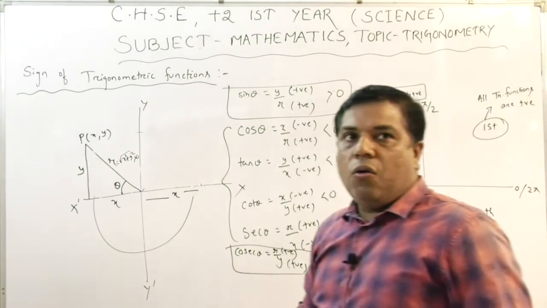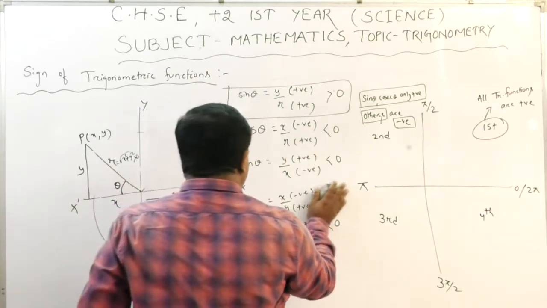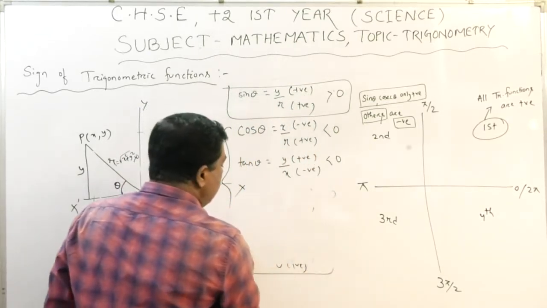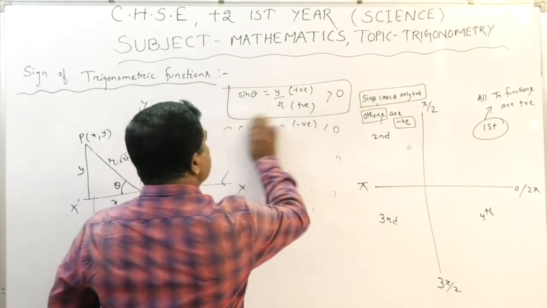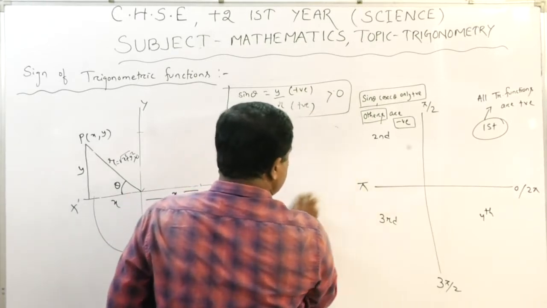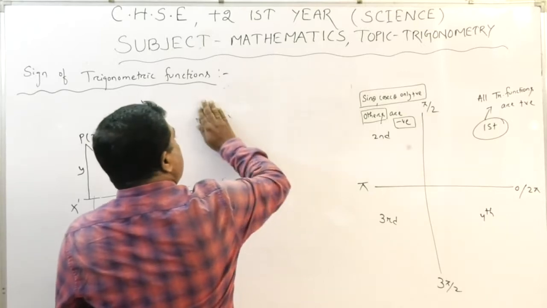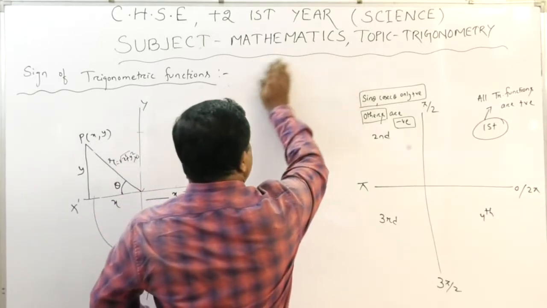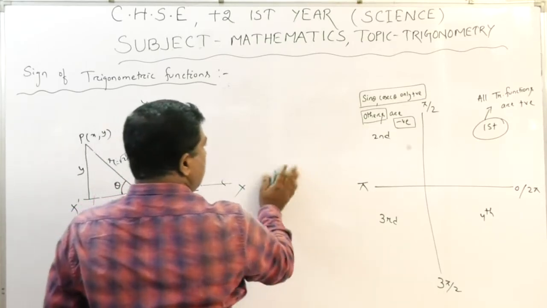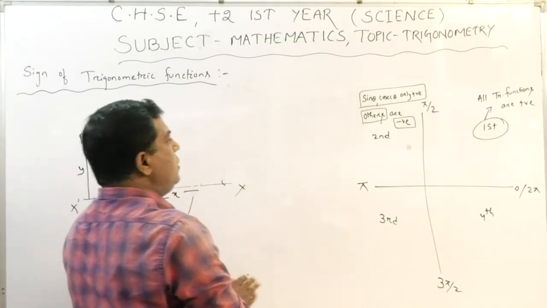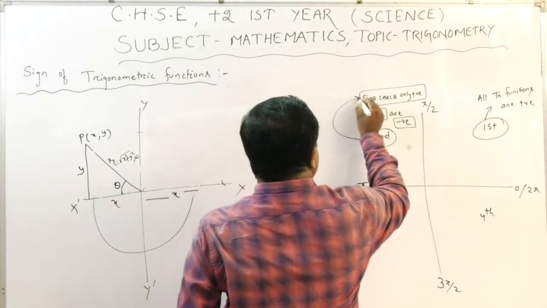Now we will move to the third quadrant, and you see what happens to the signs of trigonometric ratios in the third quadrant. So this is all about the second quadrant and we are getting this result.